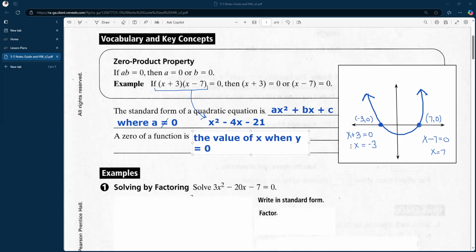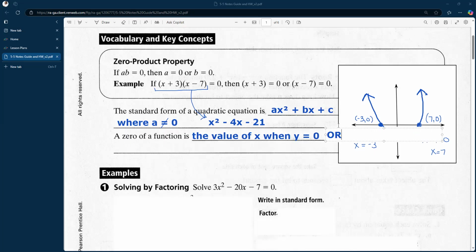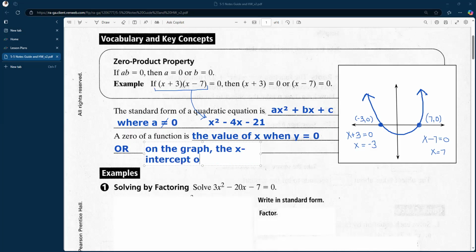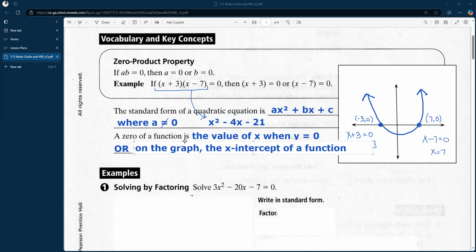Or when we are looking at a graph, the zero is the x-intercept of a function. And I say the x-intercept, but it could be multiple x-intercepts. In this example, we have 2 x-intercepts.